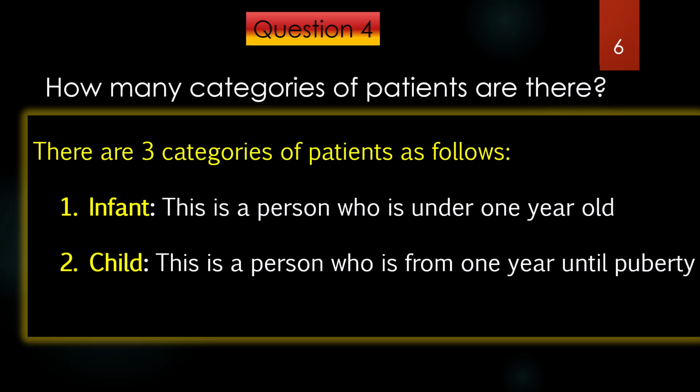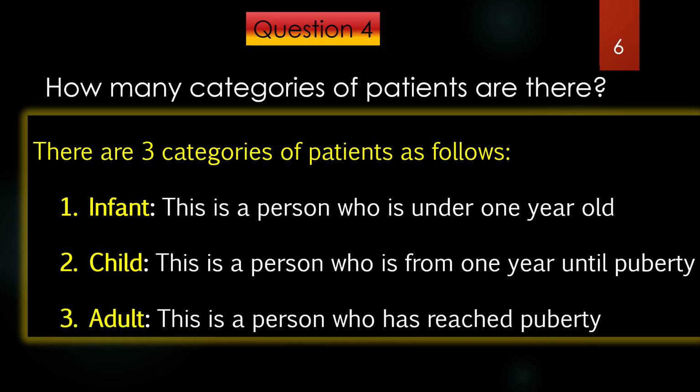So more than 1 year but has not reached puberty, that is a child. Adult category contains persons who have reached puberty. So an adult is somebody who has reached puberty.